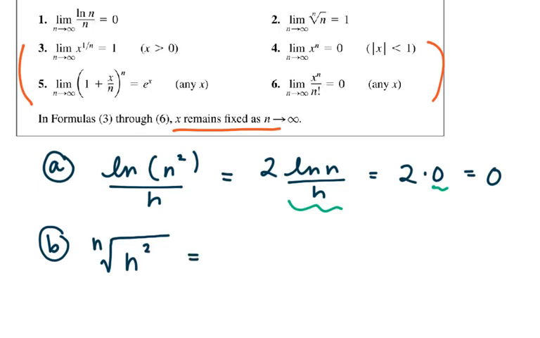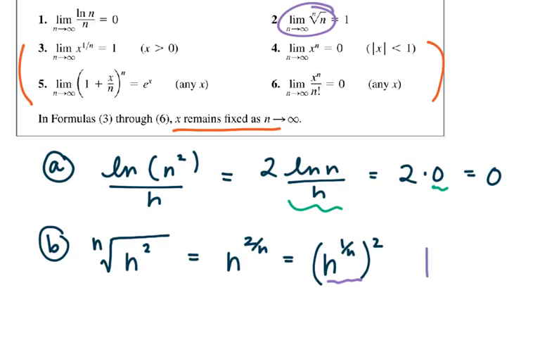Well, that's the same as writing n to the 2 over n, or n to the 1 over n, squared. And this piece, n to the 1 over n, is the same as what we're looking at in formula 2, which becomes 1. So this is the same as saying 1 squared, or just 1.